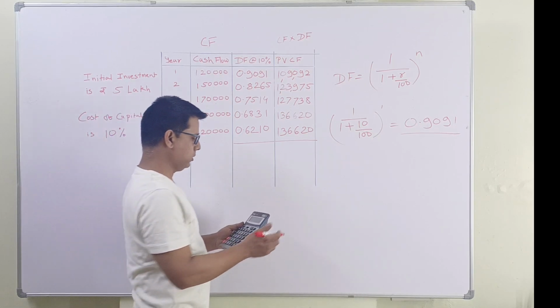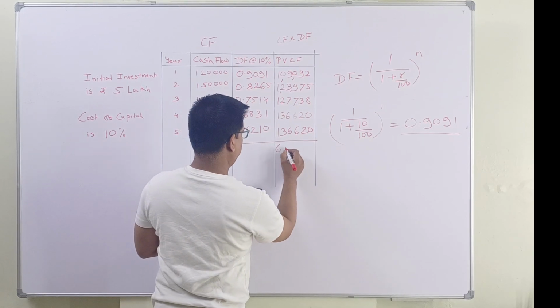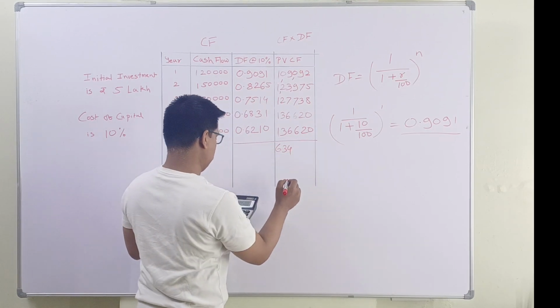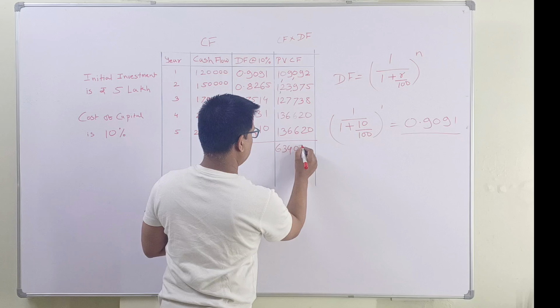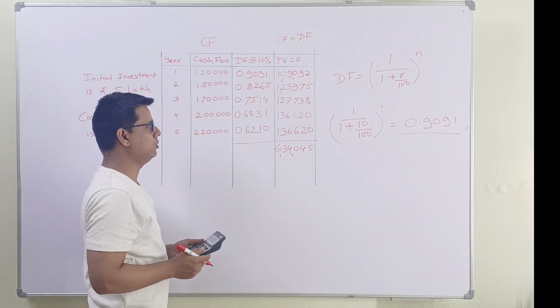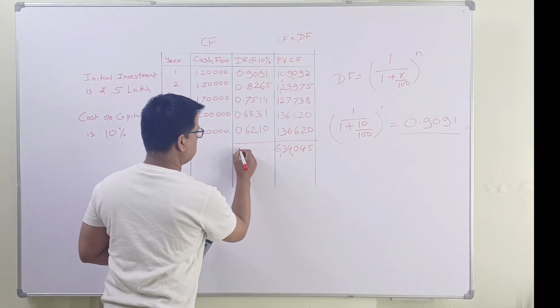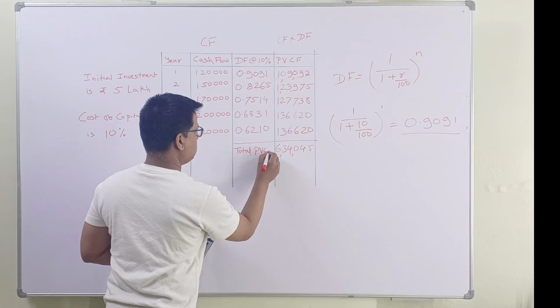The answer is 6,34,045. So 6,34,045 is the total PVCF. This is the total PVCF.